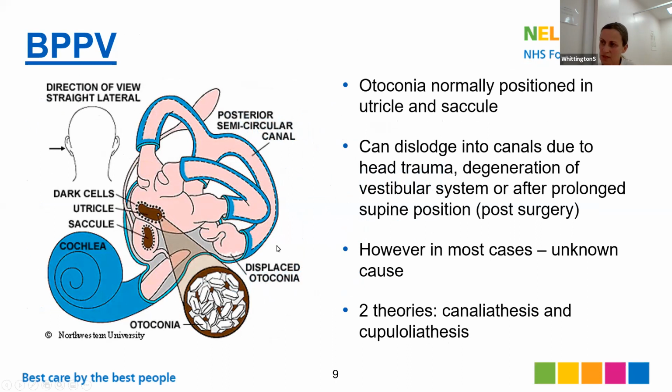So there are two theories here. One is called canalithiasis. This is what I've just explained, where the otoconia float around in these canals. The other theory is called cupulolithiasis. That is extremely rare, but what happens there, rather than floating free in the canals, the otoconia is actually attached to these little hair cells, stuck to them, and it bends the hair cells permanently while that particular person is in a stimulated or an aggravating position.